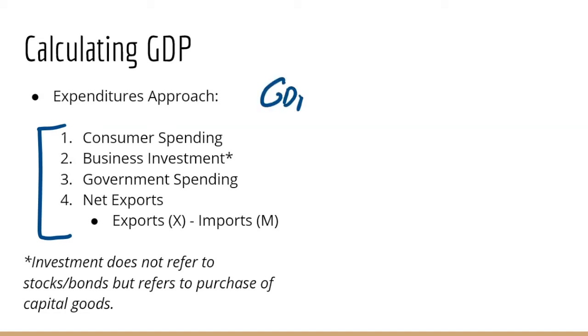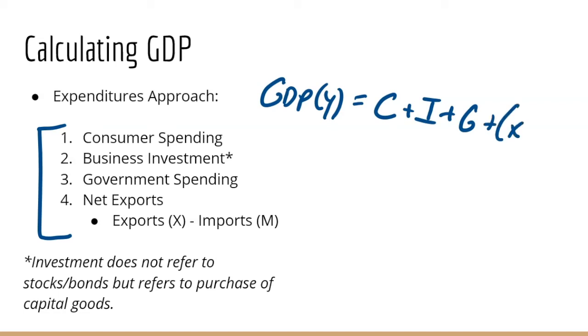Our GDP, which we label as Y, equals our consumer spending, which is C, plus our business investment, which is I, plus our government spending, which is G, plus exports, which is X, minus imports, which is M. Or X minus M, we could write as X subscript N. So GDP equals C plus I plus G plus Xn.